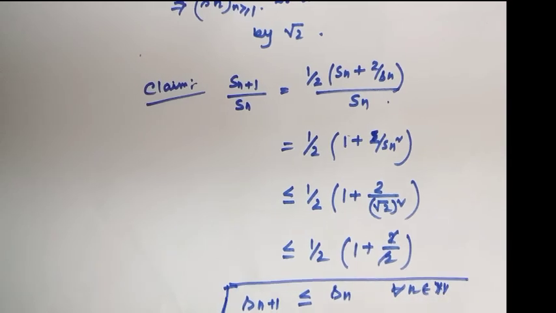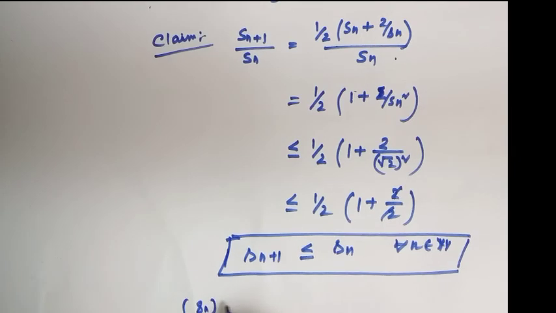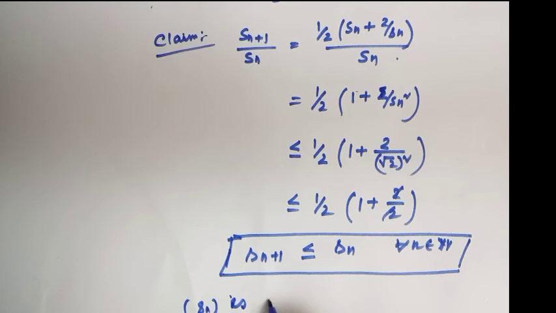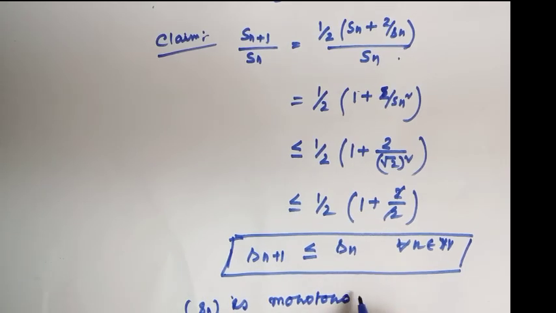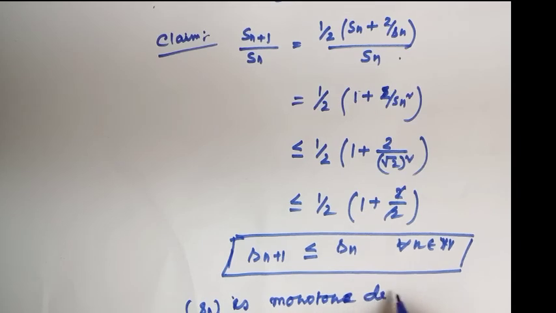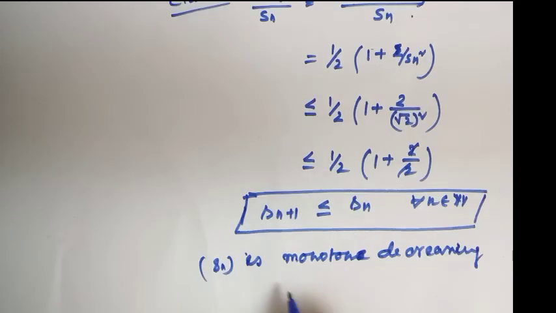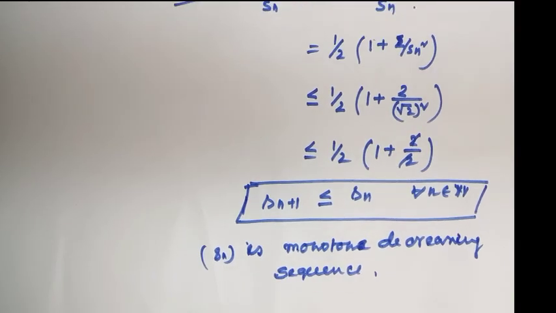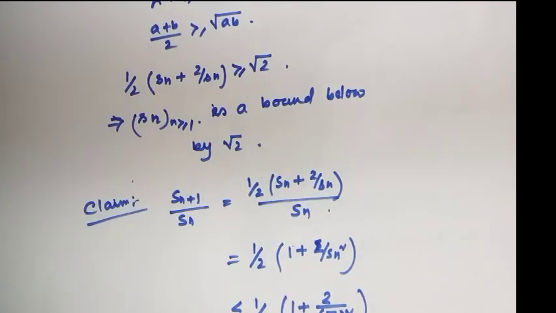Okay? From this line we can tell S_n is a monotone decreasing sequence. That means S_n is monotone decreasing, and S_n is also bounded below by the square root of 2.